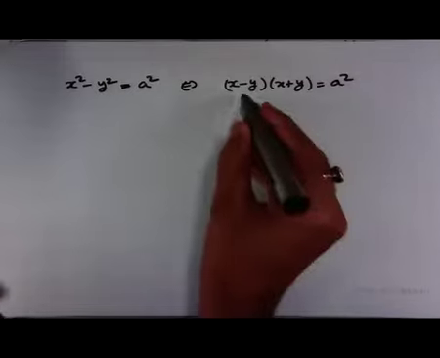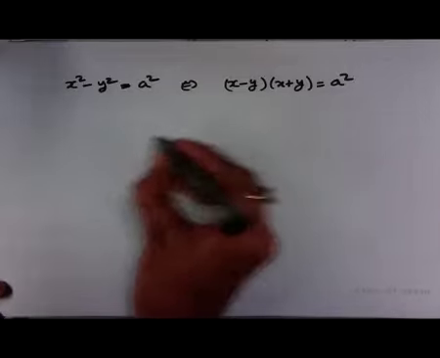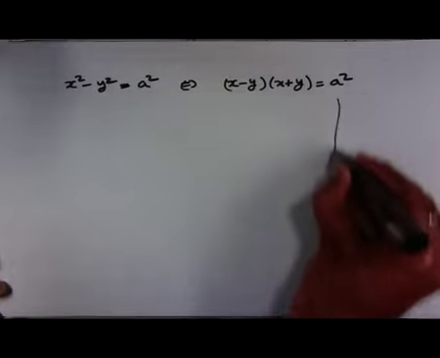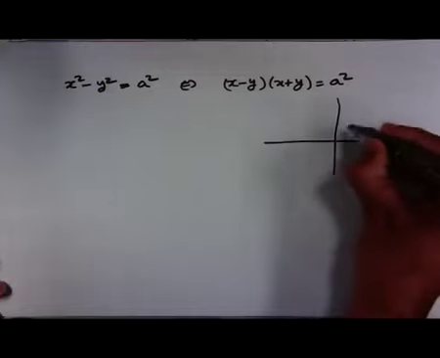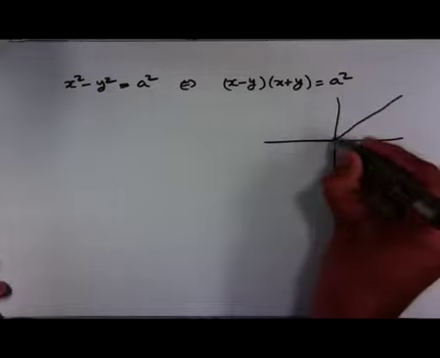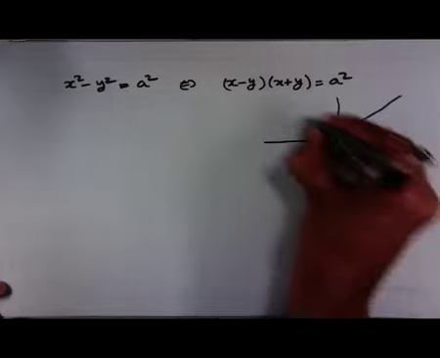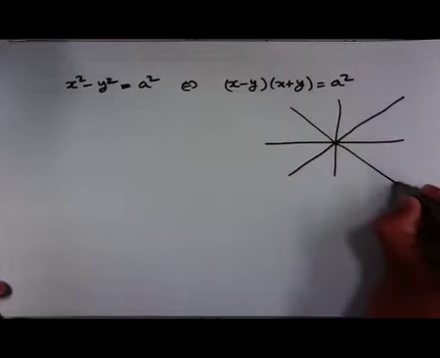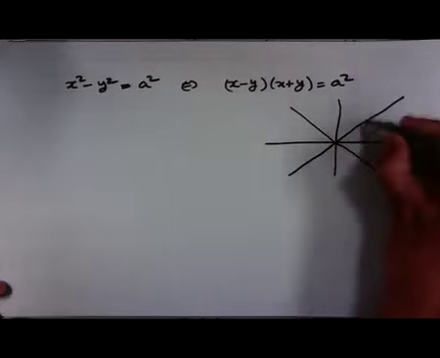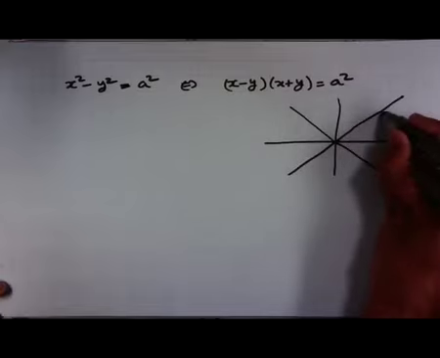In this case what we saw is that we have y equal to x and y equal to minus x as the asymptotes, which are perpendicular to each other.